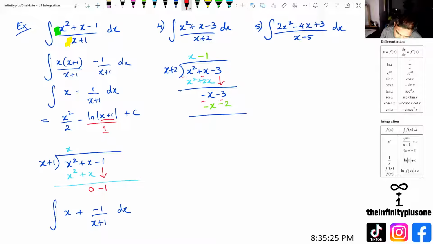So negative x minus negative x will become 0. Negative 3 minus negative 2 will become negative 1. So I should have rewritten this integral as x minus 1, minus 1 over x plus 2 dx.